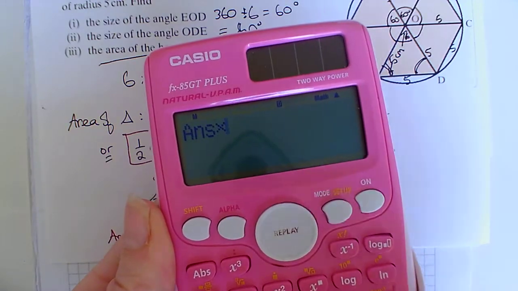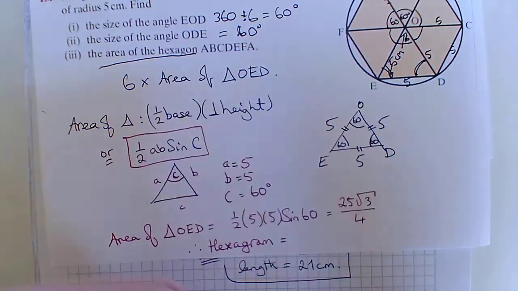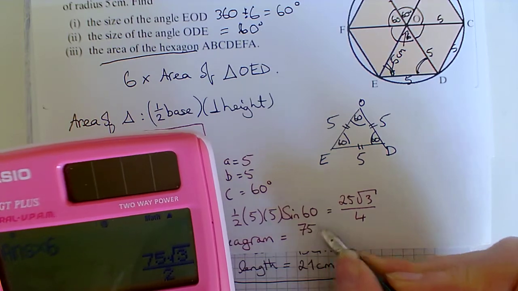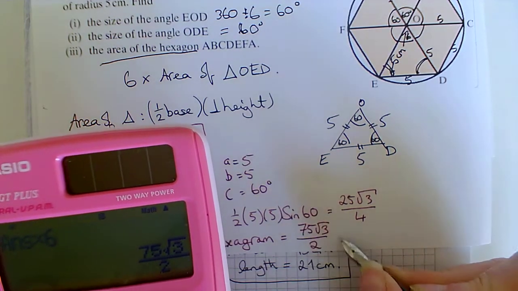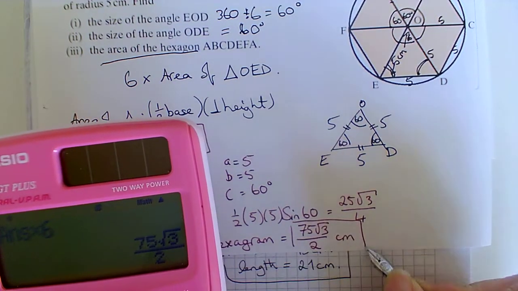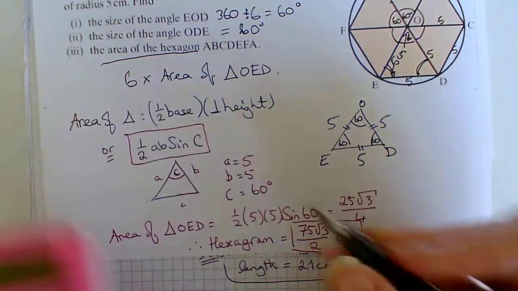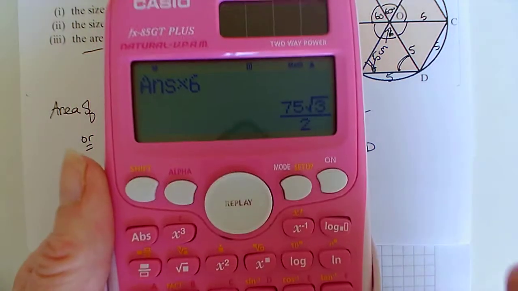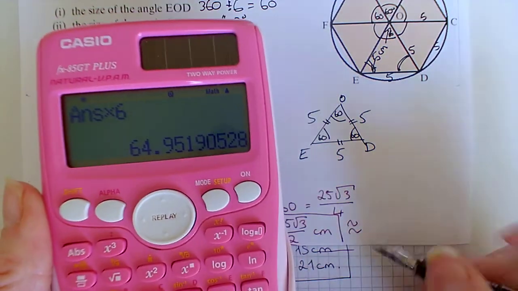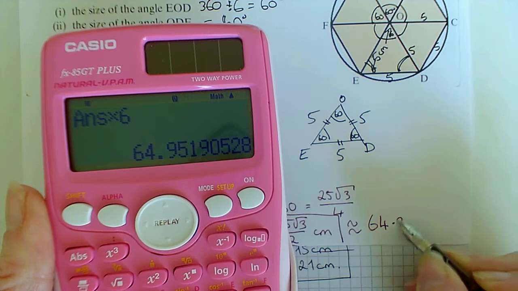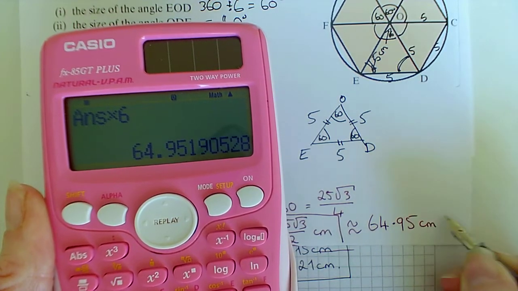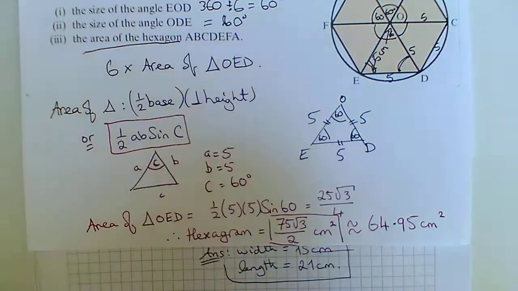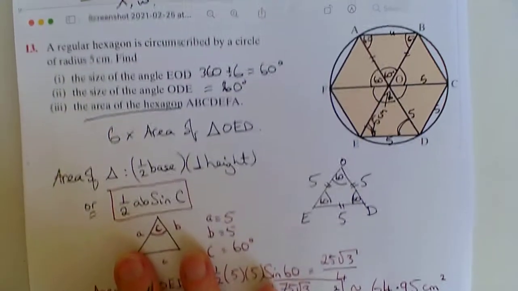So multiply by 6. And we get 75 root 3 over 2 centimeters. Should we leave our answer like that? They didn't say anything about the format, so it's fine to leave it like that. Or if you want to, change it to 2 decimal places, 64.95 centimeters squared. Be careful, area means centimeters squared.